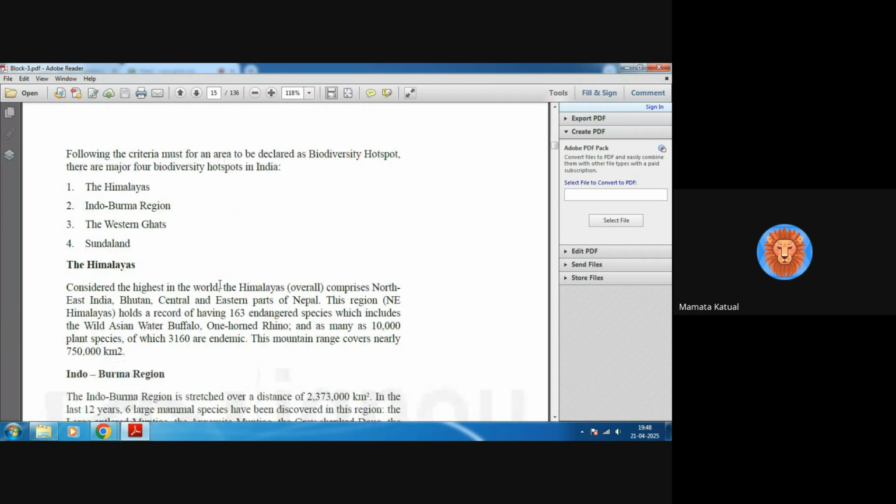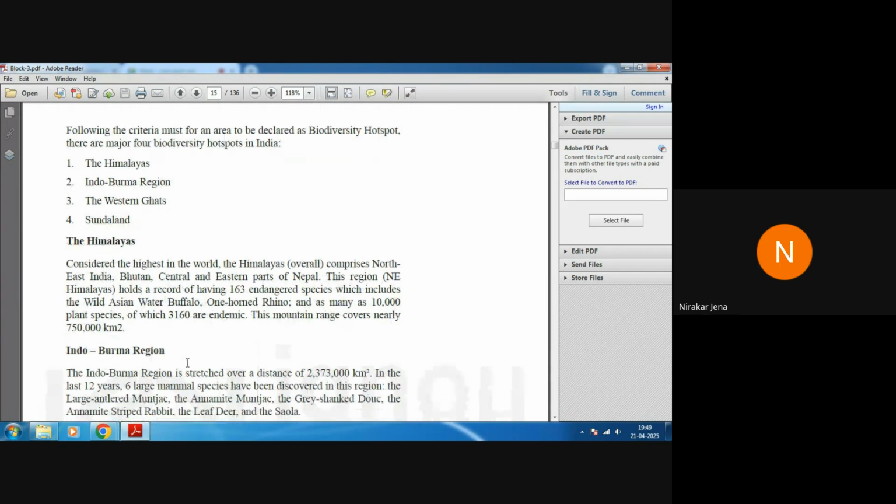So the Himalayas. That means a hotspot region may not have only one country or nation. It may extend to more than one country. So the Himalayas contain East India, Northeast India, Bhutan, central and eastern part of Nepal. It has 163 endangered species, and it includes Asian water buffalo and one-horned rhinoceros.